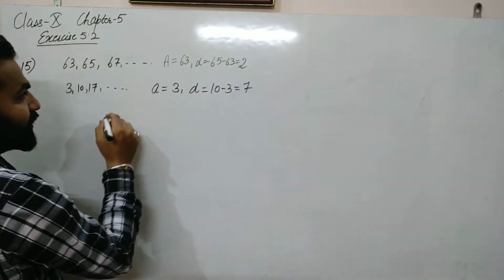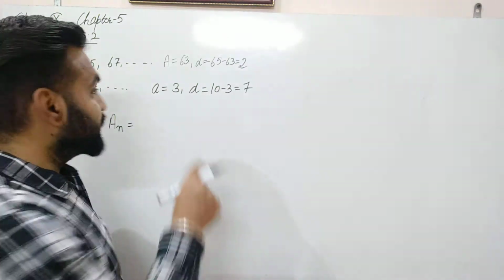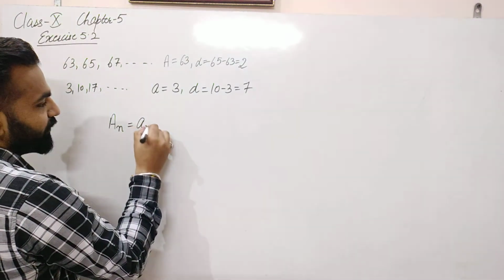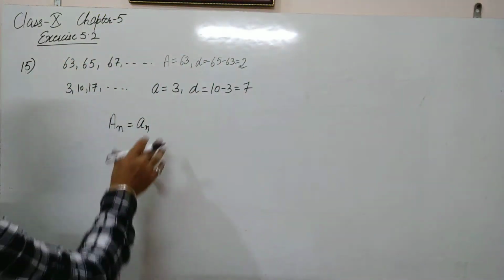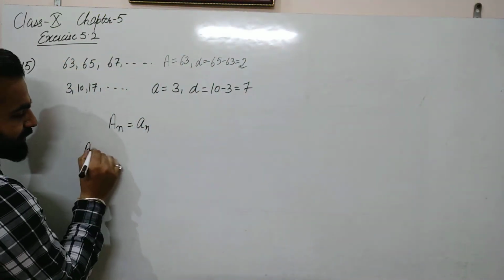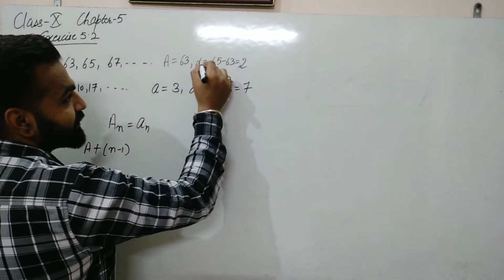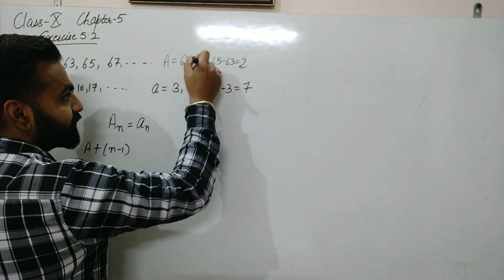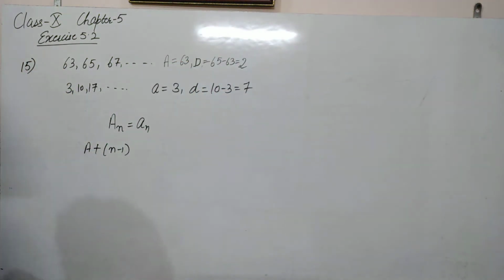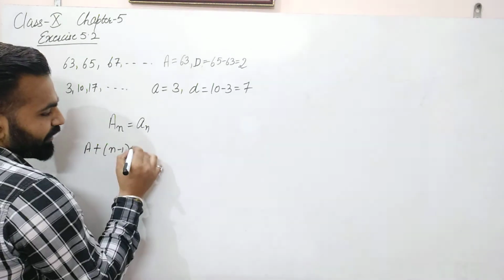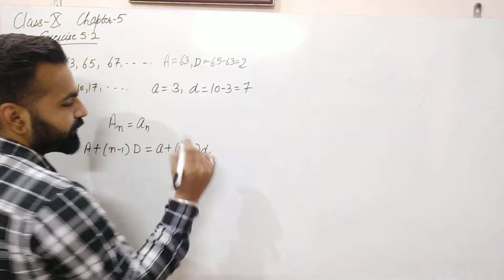Now it is given that the nth terms of both APs are equal. So the nth term of the first AP will be an and the nth term of the second AP will be small a. Since they are equal, we will equate both the nth terms. Now this an can be written as a plus n minus 1 into capital D, because the common difference is different in both the APs, and here a plus n minus 1 into small d.